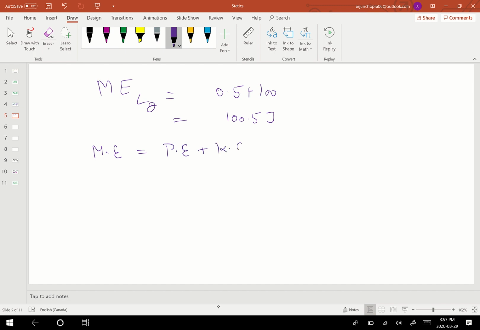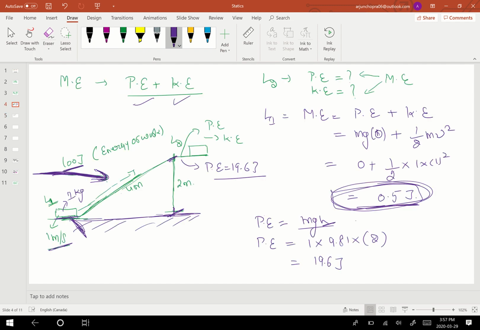So the total mechanical energy is equal to 100.5 joules, and this is also equal to potential plus kinetic energy. Out of that total energy at this location, 19.6 joules is being used to overcome this height.